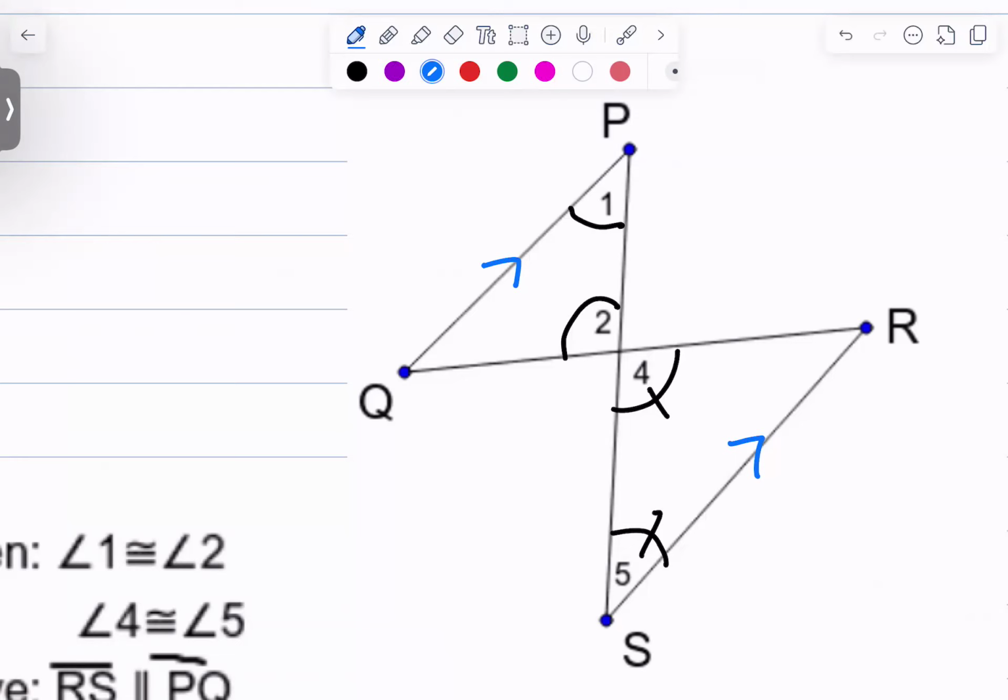We know that the two lines are parallel. What do I know? Yes, they're vertical angles, but if the lines are parallel, what angles are congruent and why?